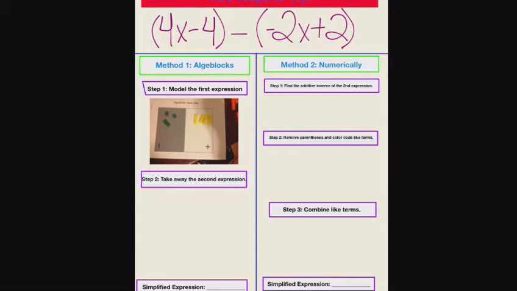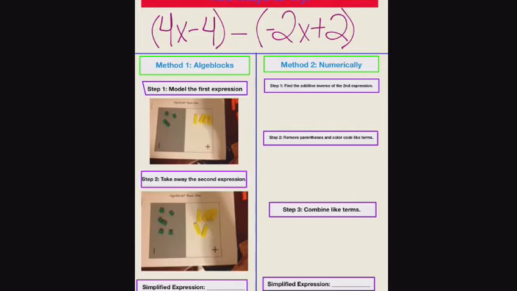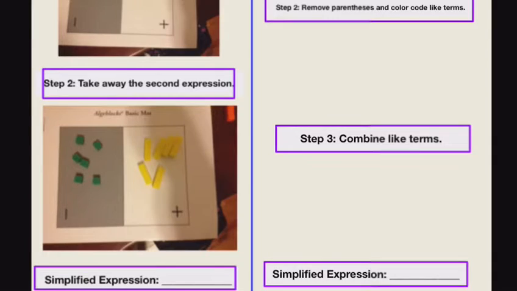Okay? Go ahead and take a picture. Drop that into GoodNotes. Okay. And then we're going to go ahead and write our simplified expression, which is 6x minus 6.